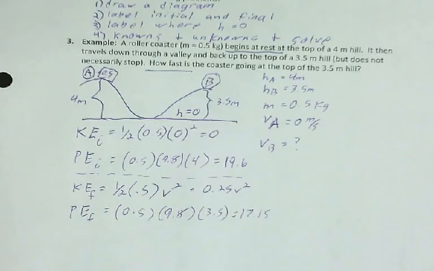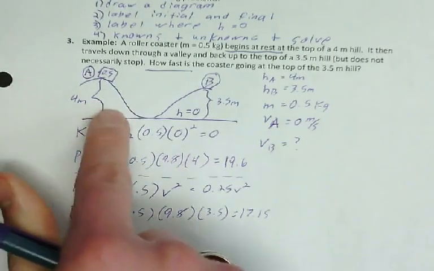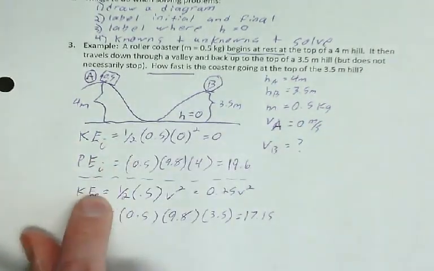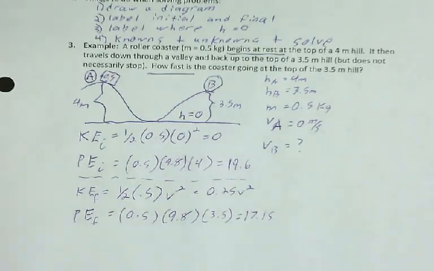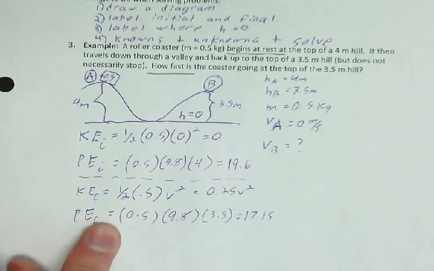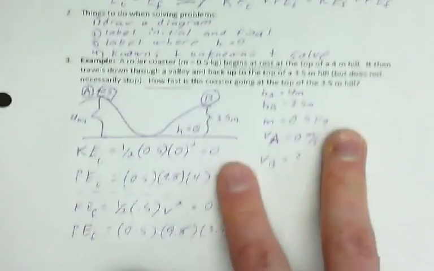So far we haven't done anything new, really, that you haven't done in the last unit, right? We drew a diagram. We labeled the knowns and unknowns. We found all these individual energy values. Last unit we found the individual momentum values, but now we're finding energy. And now we're ready to put them in.